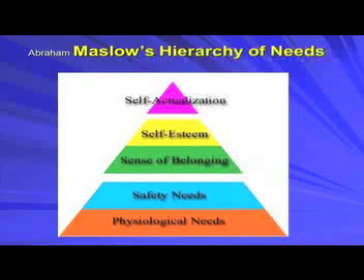Once our concerns for physical sustenance, food, water, maintaining an adequate body temperature, once those needs have been met, and we no longer fear for our physical safety, we feel safe from physical harm, then our emotional needs become our focus. It is from our connections with others that our sense of self develops.